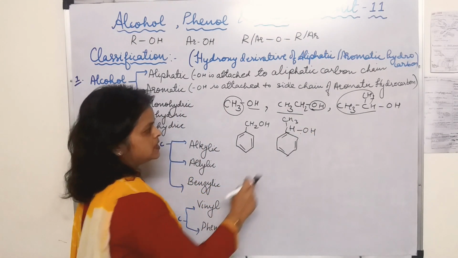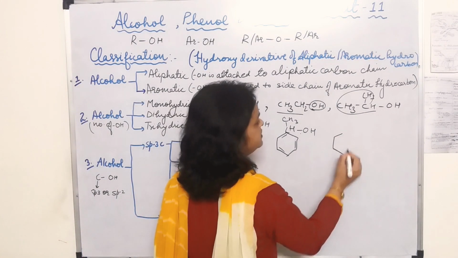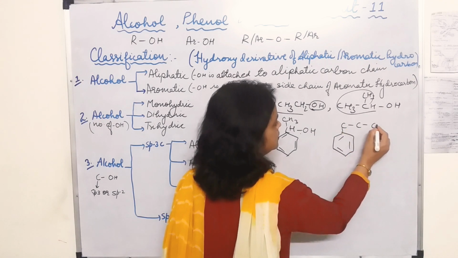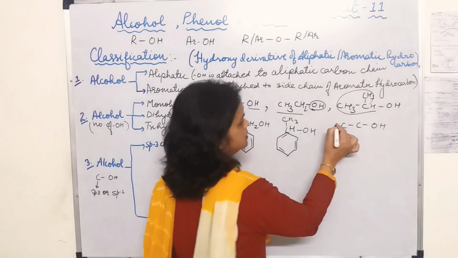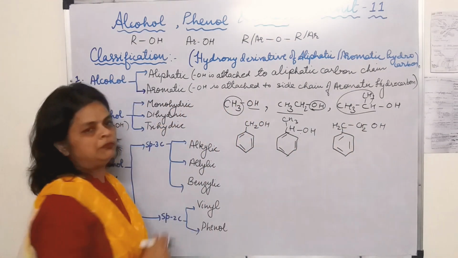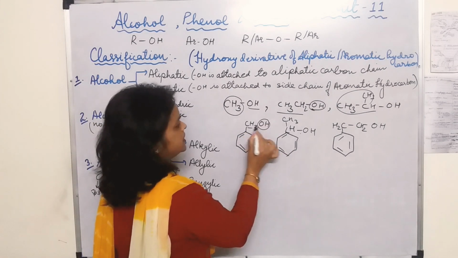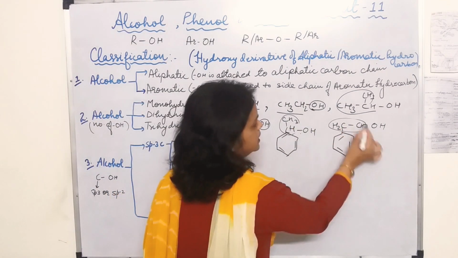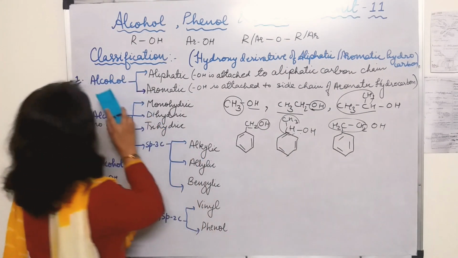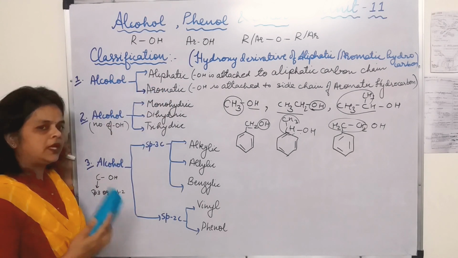In this also we can say this is the side chain to which this OH is attached, or if there is a chain of 2 carbons, the OH is attached to it. So all these are examples of aromatic alcohols where the OH group is attached to the side carbon chain. In this way we can classify alcohol into aliphatic and aromatic.